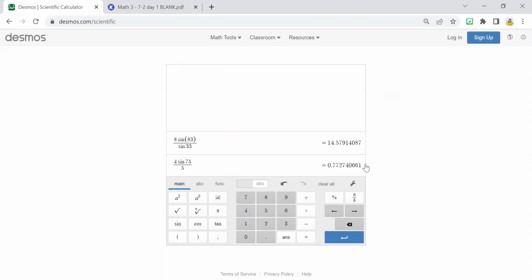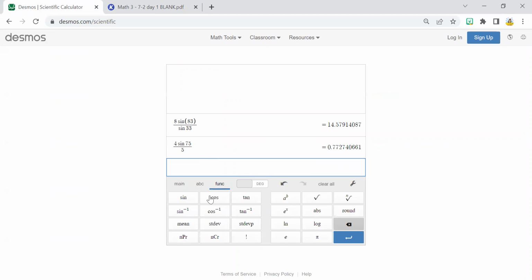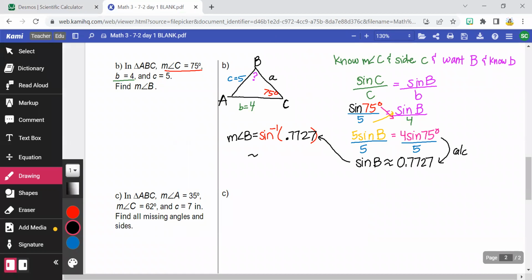So we need our function inverse sine of that answer, 0.7727, gives us 50.59. So that's going to round up to 50.6 degrees. So again, that was a calculator. So the measure of angle B is approximately 50.6 degrees.